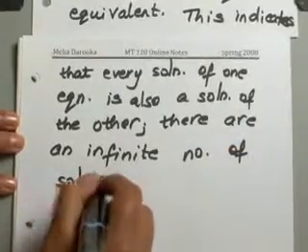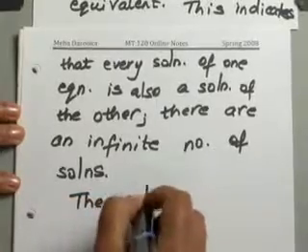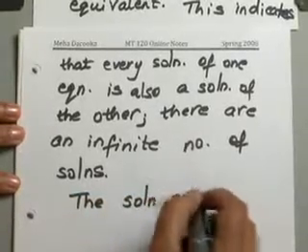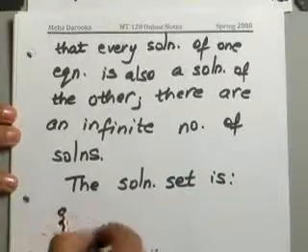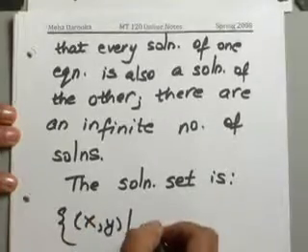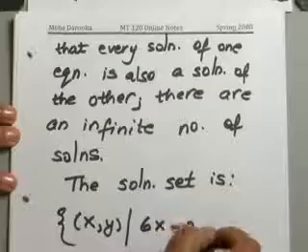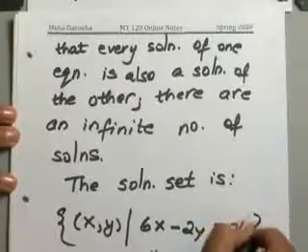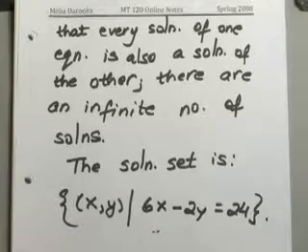And again, if you guys remember, for these sort of solutions, we use set builder notation to write our solution set, and your solution set is going to be all ordered pairs. And again, you can use any one of the two equations here. So your solution set is going to be an infinite number of solutions.